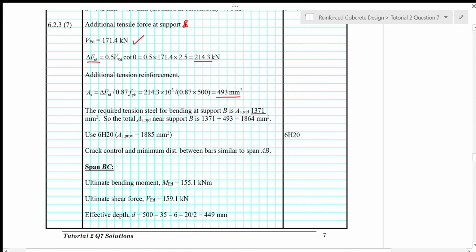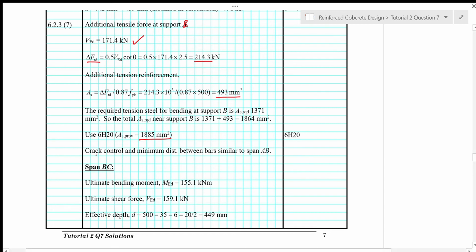So the total As required near support B is 1371 plus the As calculated from delta FTd. So the total steel area required for both bending and shear is 1864 square millimeter. So the provided steel is 6H20, so the As provided is 1885 square millimeter, so it's sufficient to resist both bending and also additional tension from shear.